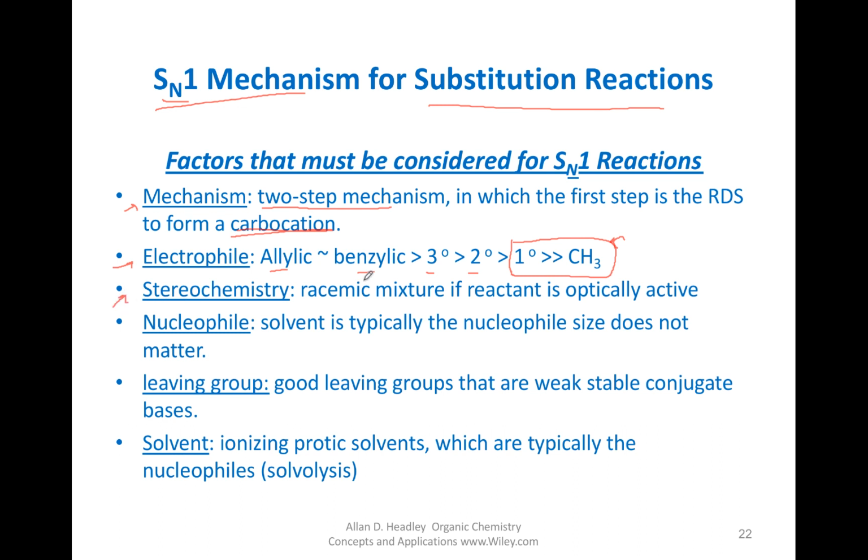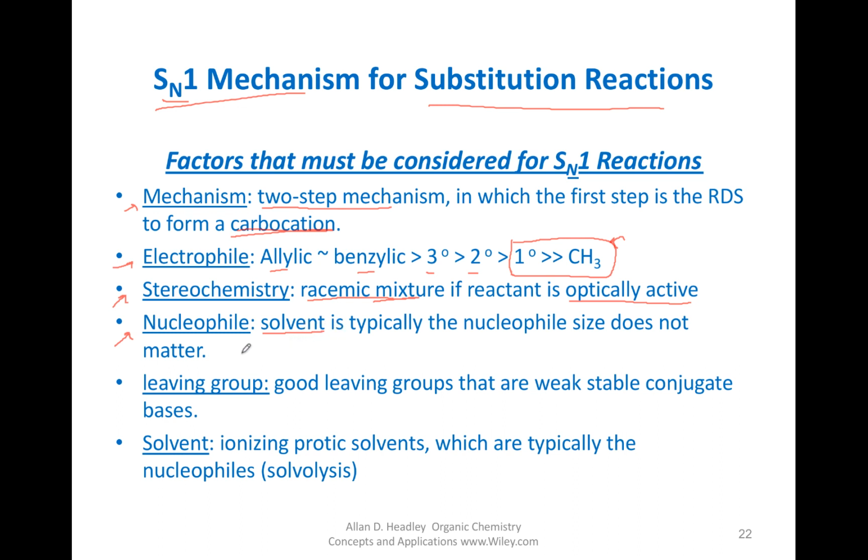Stereochemistry. Because of the carbocation that's generated in the RDS, which as we said is sp2 and flat, we have here a racemic mixture of products. We say it's optically inactive because it's an equal mixture of enantiomers. The nucleophile. The nucleophile is typically the solvent, or for our case it's just about always the solvent.